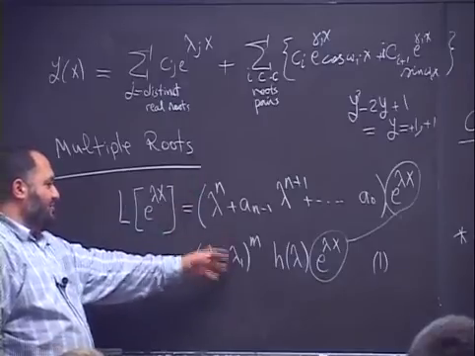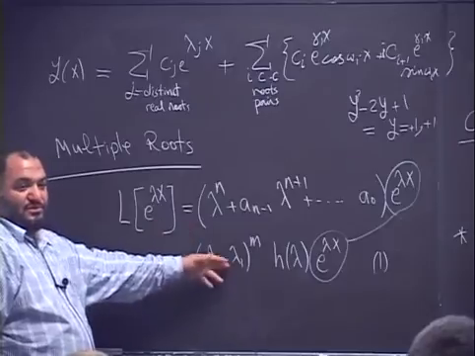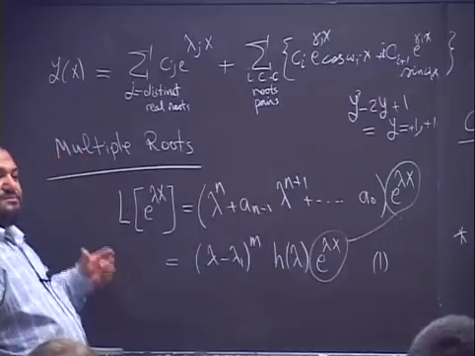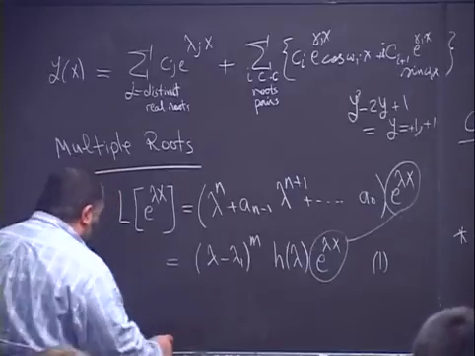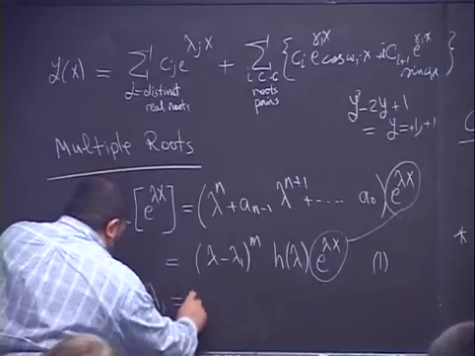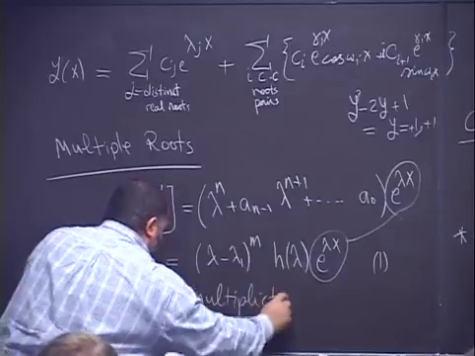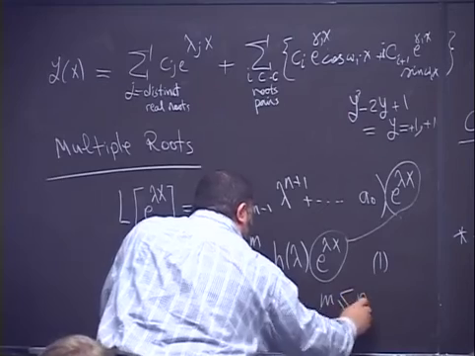If you have, let's say, third order and all of them are 1, in this case you will have 3 times lambda 1. So what's h of lambda? It's the remaining root. So lambda 1 is the multiplicity m, and m is less than or equal to n.